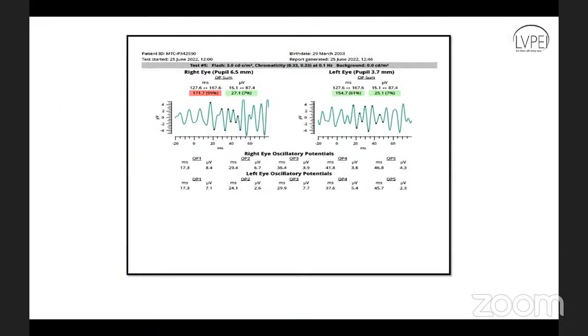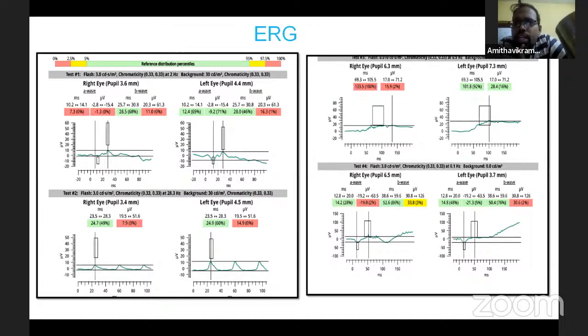Amit here. Just a quick point. Soumya, if you could go to the previous slide, I thought I would just orient people. The vertical bars that you see are the reference values.